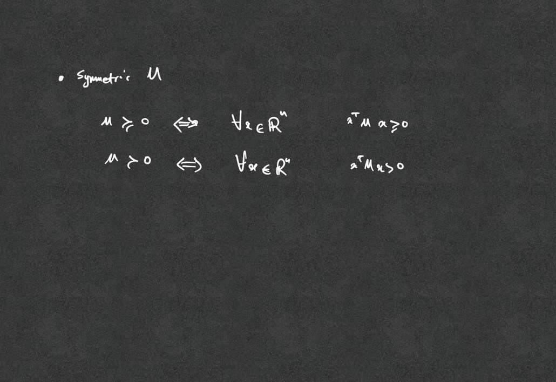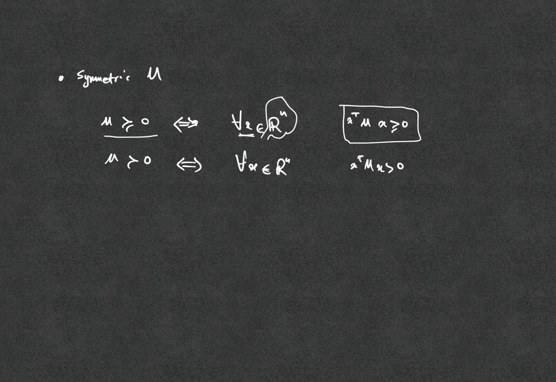Meaning that if for any x that you choose from the space of these vectors, this value is larger than or equal to 0, or non-negative, then you have positive semi-definite. If everything is strictly positive, meaning larger than 0, then it is positive definite.